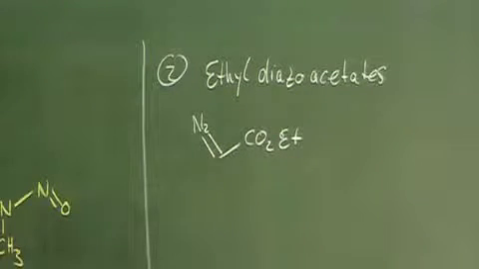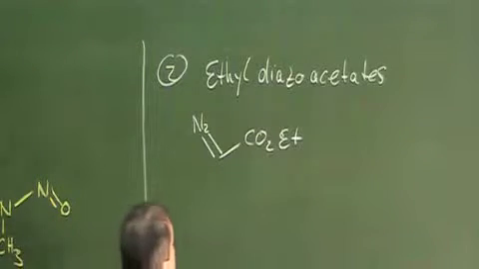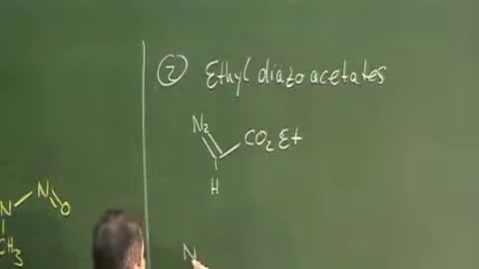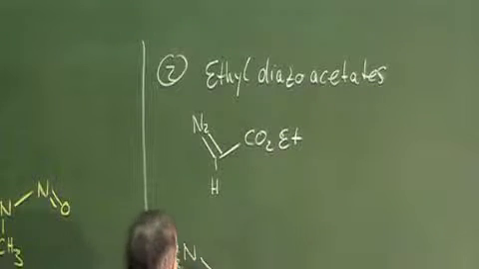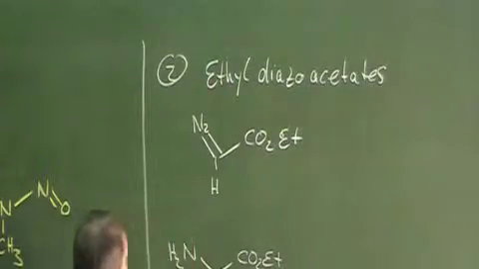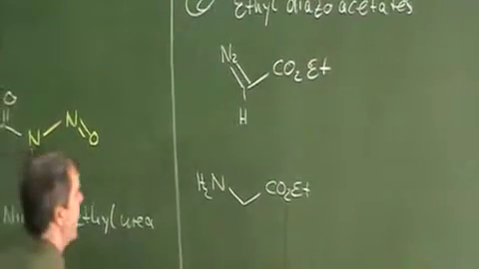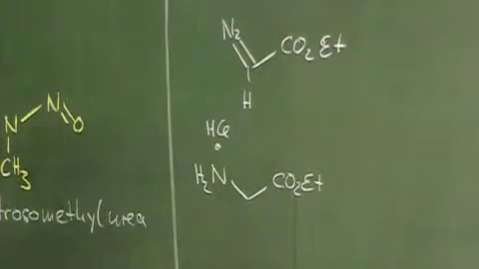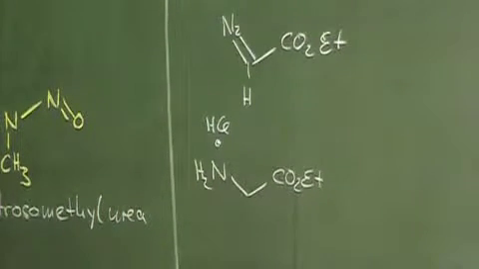So for example, ethyl diazoacetate, and this is quite easily prepared also on very good scale, by using the hydrochloride of glycine ethyl ester.